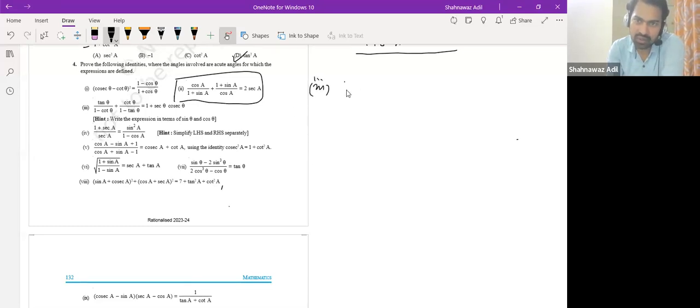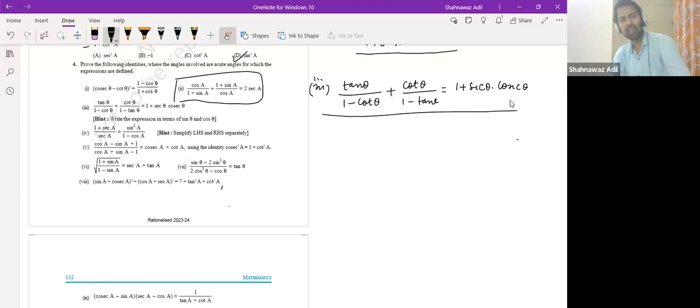We have tan theta divided by 1 minus cot theta plus cot theta divided by 1 minus tan theta, and we have to prove that this is equal to 1 plus sec theta into cosec theta. Which one can we simplify, the left one or the right one?